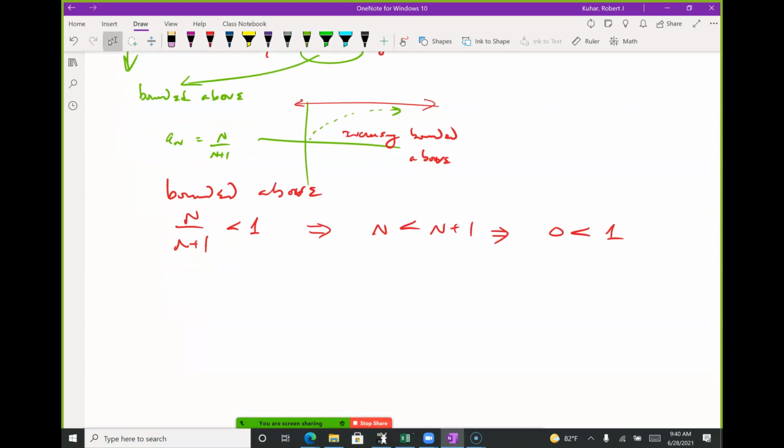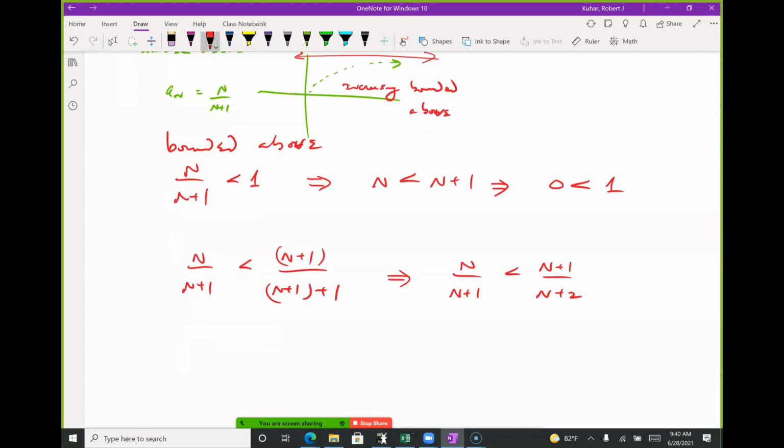How can I show that it's increasing? I can show that n over n plus 1 is less than n plus 1 over n plus 1 plus 1. I've increased my integer from the first n to the next n. So I should be able to show that n over n plus 1 is less than n plus 1 over n plus 2, and yes, it's trivial.